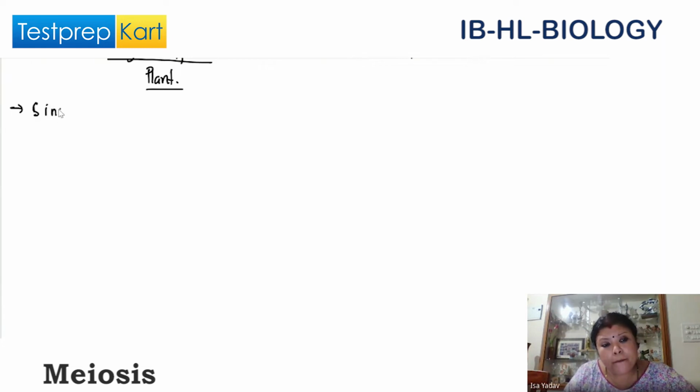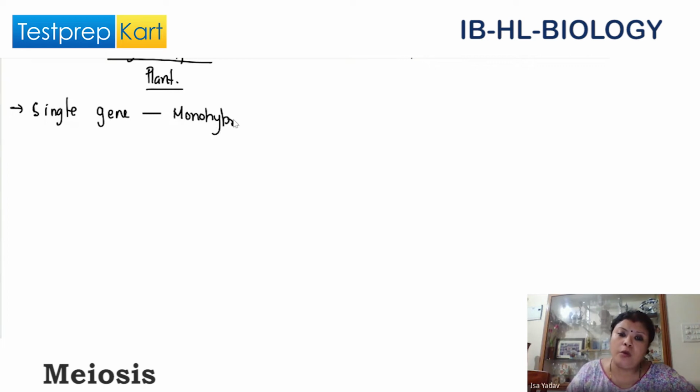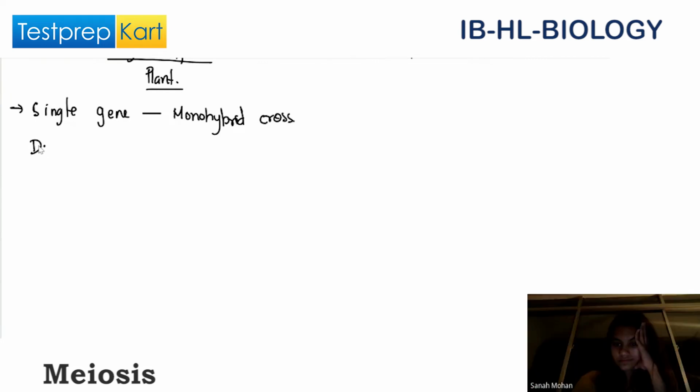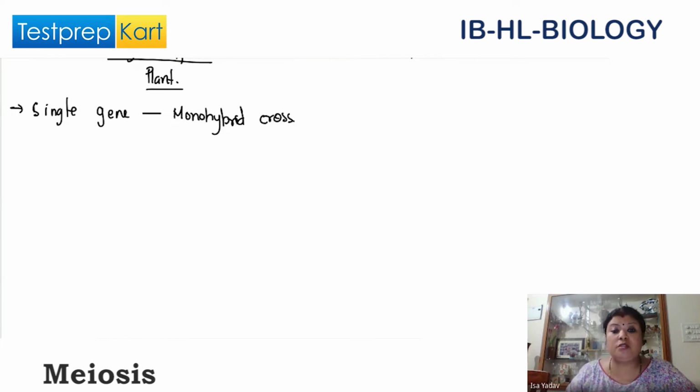A cross involving a single gene is called a monohybrid cross. A cross involving 2 genes is called a dihybrid cross.